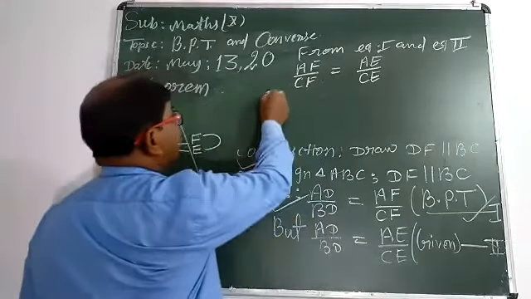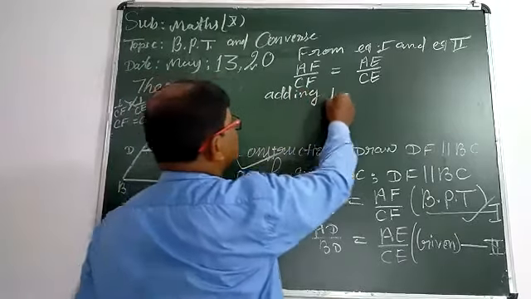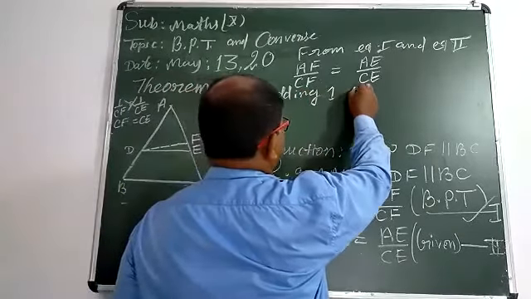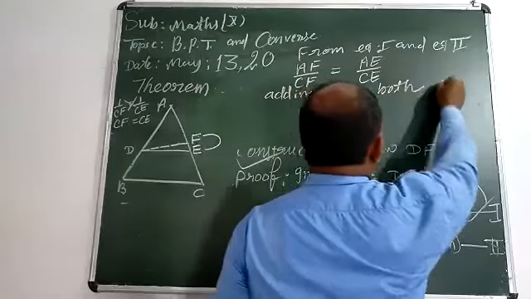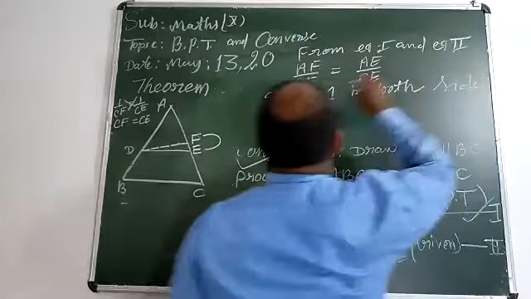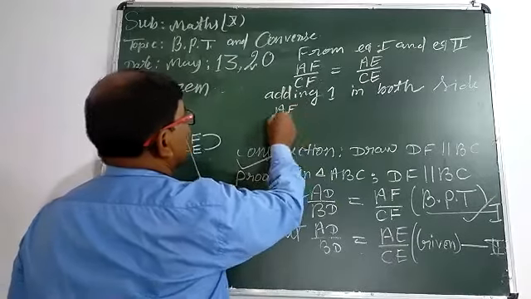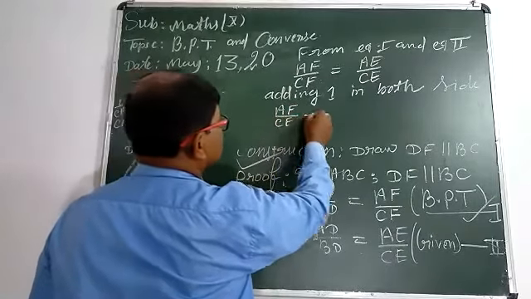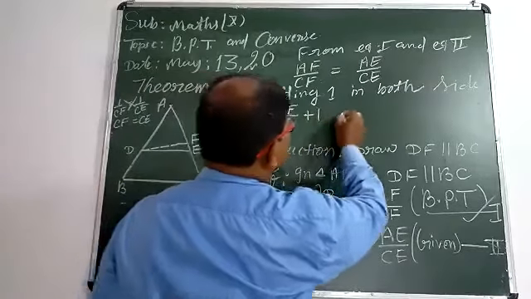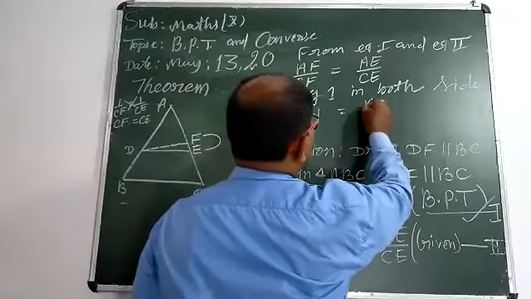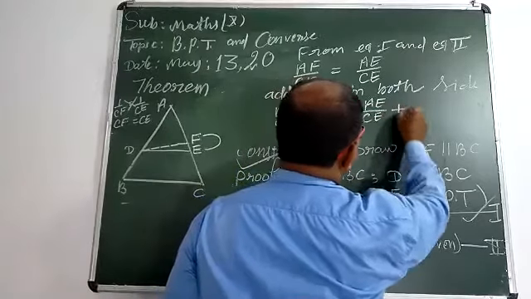Okay. Adding. You should write now. Adding 1 on both sides: AF upon CF plus 1 equal to AE upon CE plus 1.